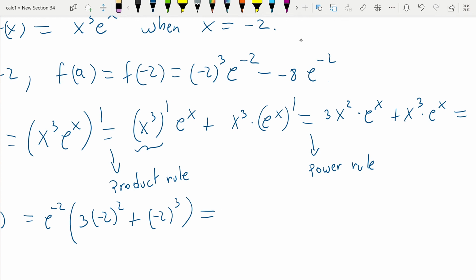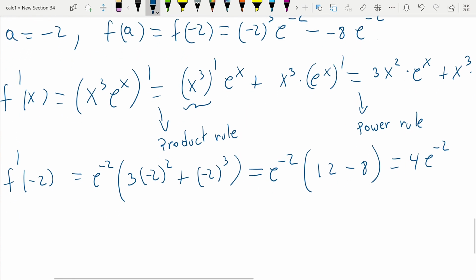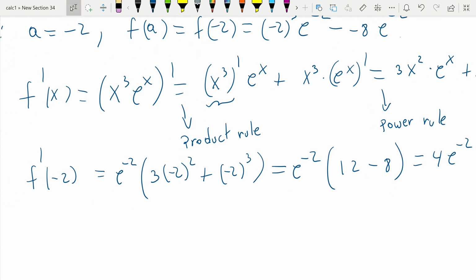So this is equal to e to the -2 times 12 minus 8, which is equal to 4 times e to the -2. So that's f prime at -2, which is f prime at a.